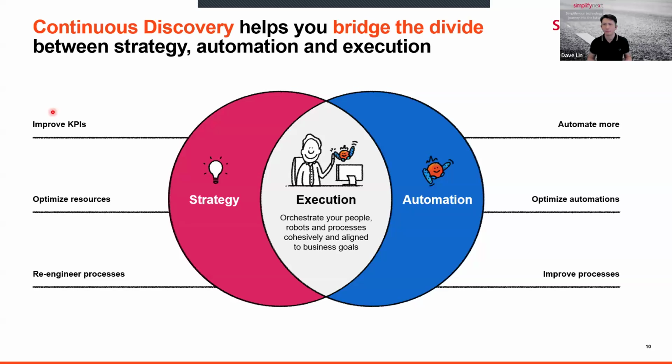Okay. And we all know that process automation is crucial for improving efficiency and productivity within the organization. And with continuous discovery, we can now quantify the ROI and visualize the positive impact made on those business processes through automation.